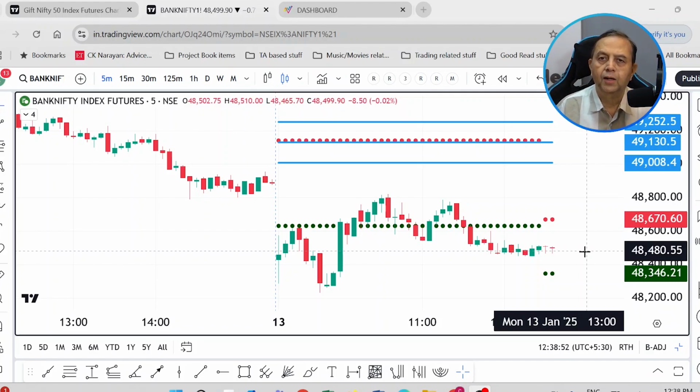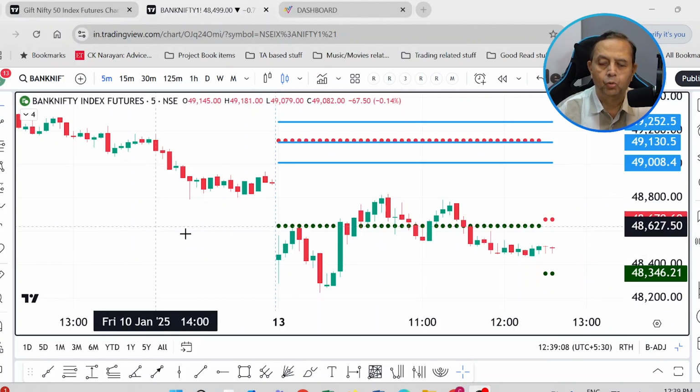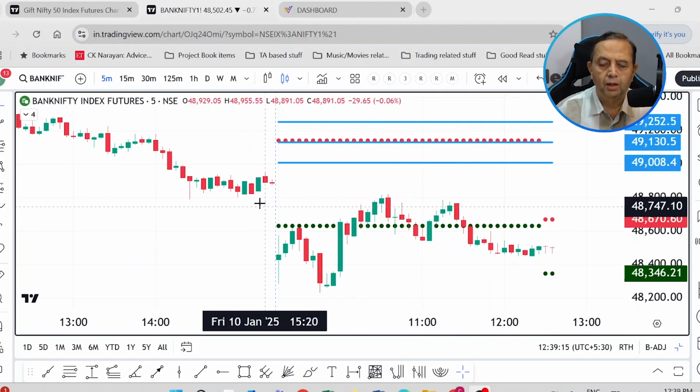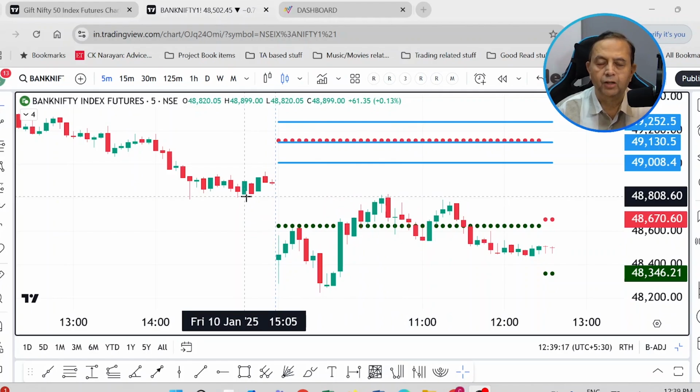So the mantra, like we've been discussing earlier, or you have been reading or hearing from elsewhere, is that we need to be sellers on a rally. And today we got a very small rally. When the rally went up to say 48,800 or thereabouts, the gap which was left in the morning was filled.